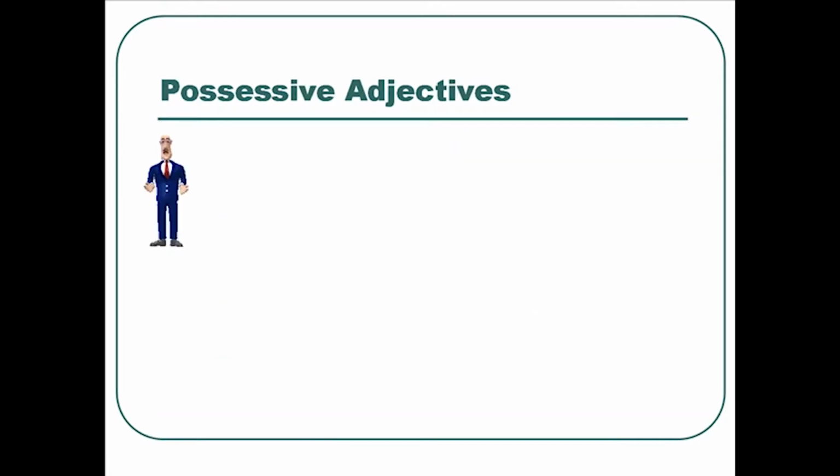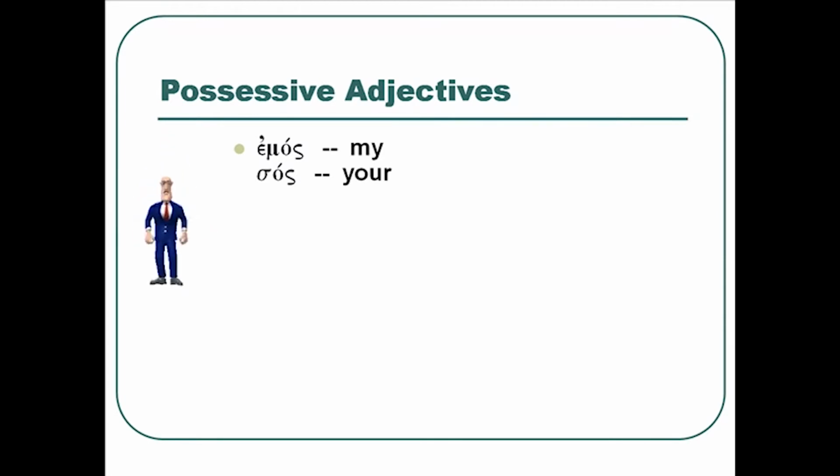Before we jump into the indefinite pronouns, I'd like to shoot in 4 of these possessive adjectives. And they are emos, which is translated my, and sos, which is translated your. In the plural, the forms are hemeteros, our, or humeteros, your.